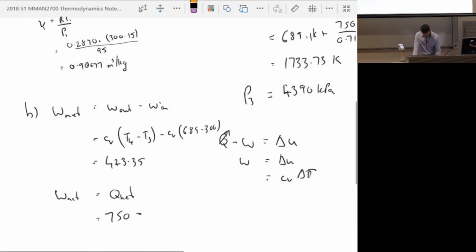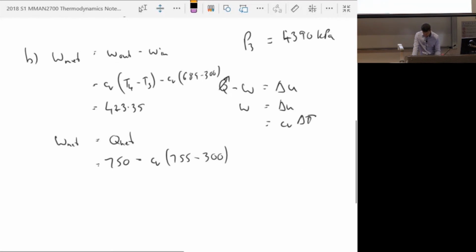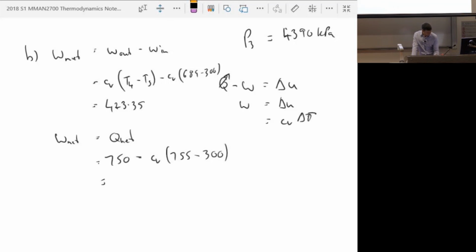So minus CV times 755 minus 300. And you find that also equals 423.35 kilojoules per kilogram. So there's a few different ways of calculating that. I think the second one's simpler. You can find work just by knowing heat.